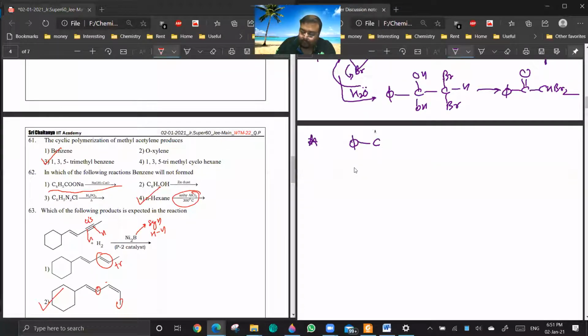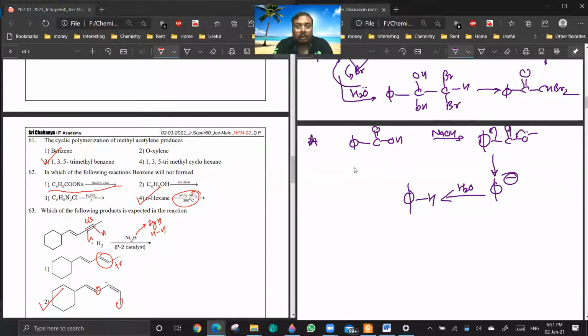Even if you are using C6H5COOH, on reaction with NaOH it gives this only. Then it gives C6H5 minus, which we will be taking. Are you getting the point?